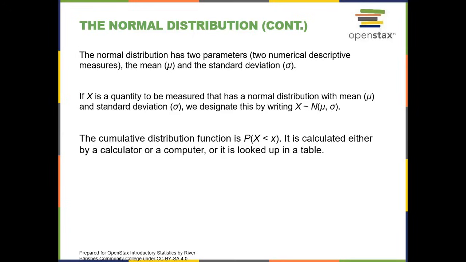The cumulative distribution function is the probability of capital X less than x. It is calculated either by a calculator or a computer, or looked up in a table. In our case, we will be using a calculator.